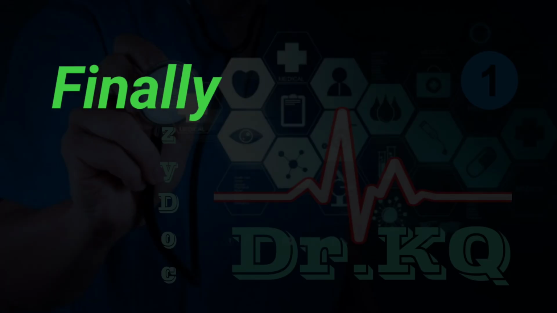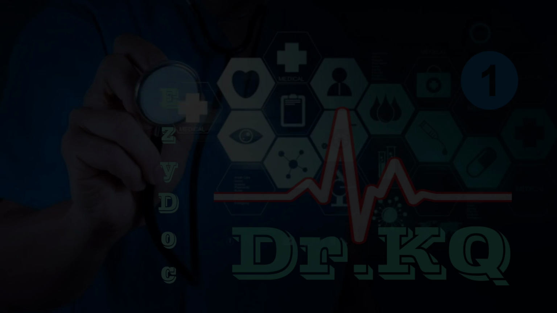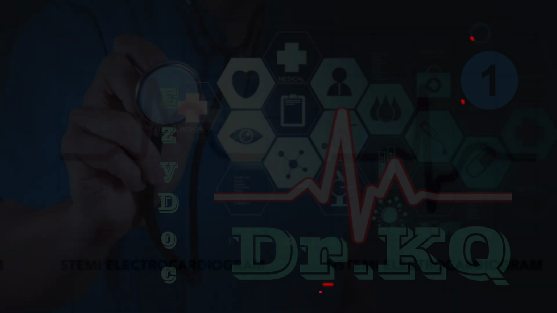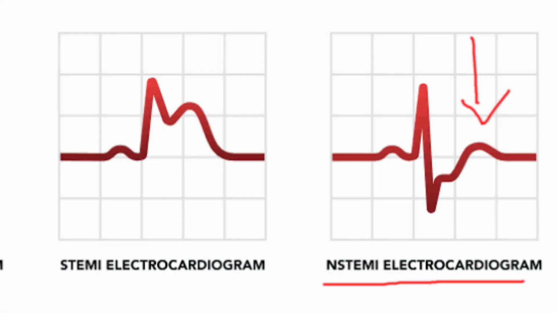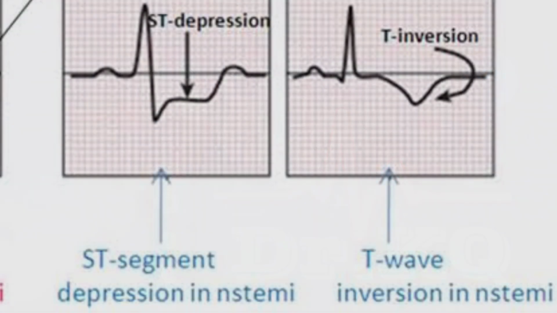Finally, we are going to end our lecture on this final ECG, which is the ECG in case of non-ST elevated MI. As the name suggests, there will be no ST segment elevation, but ST segment depression can be seen.